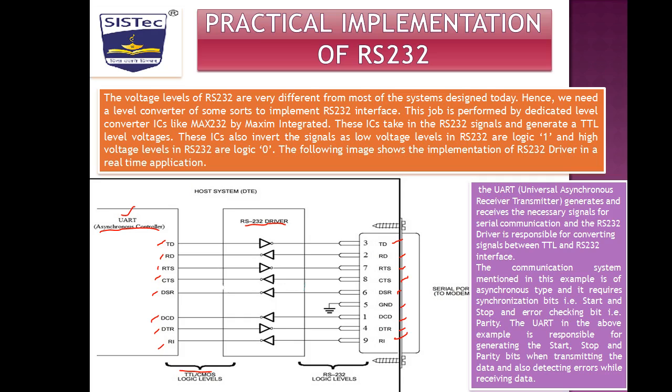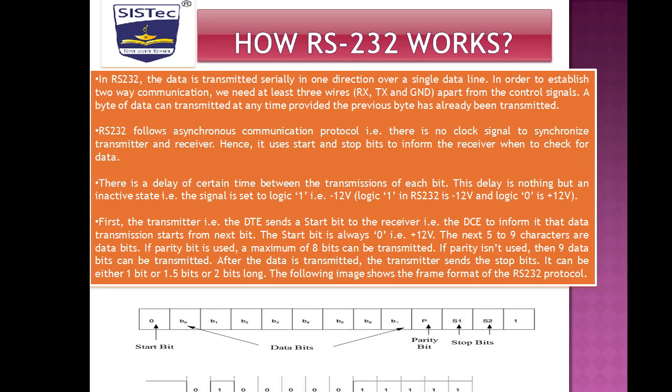Burst errors cannot be recognized, so I am not mentioning them here, but we do detect single bit errors and correct them. So some sort of error correcting codes are used between the UART and the modem. That is how RS-232 works.